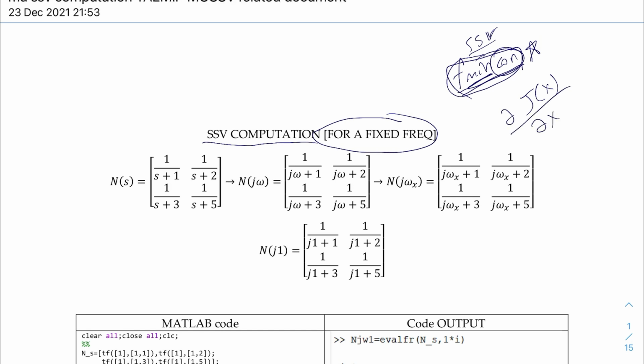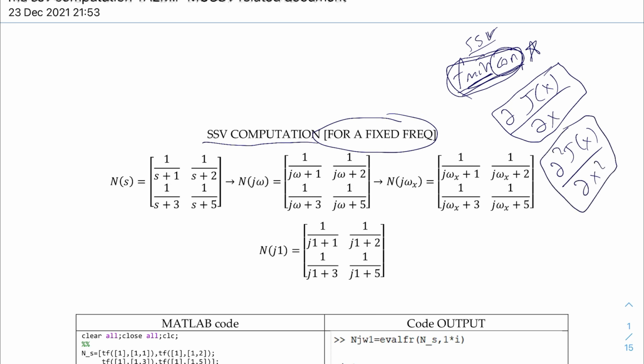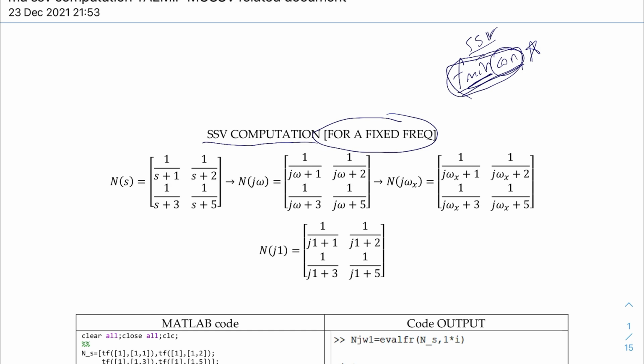If you think you can analytically compute the derivative of your cost function with respect to your decision variable, and also compute the Hessian, and you have the case where these are analytic, polynomial, rational or something, the problems where you don't have a lot of discontinuity.